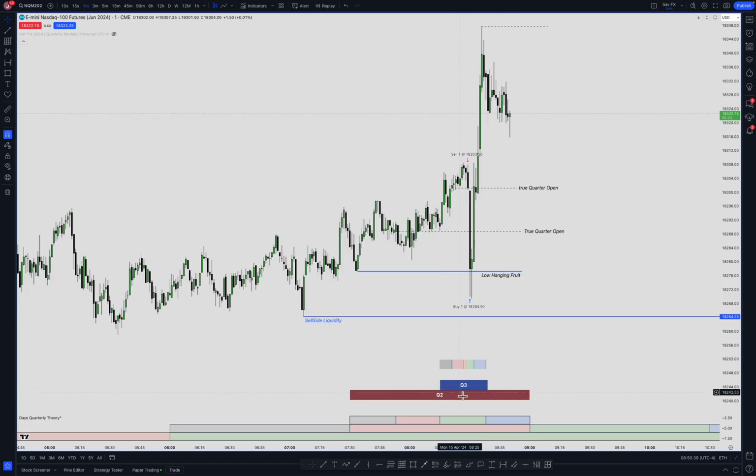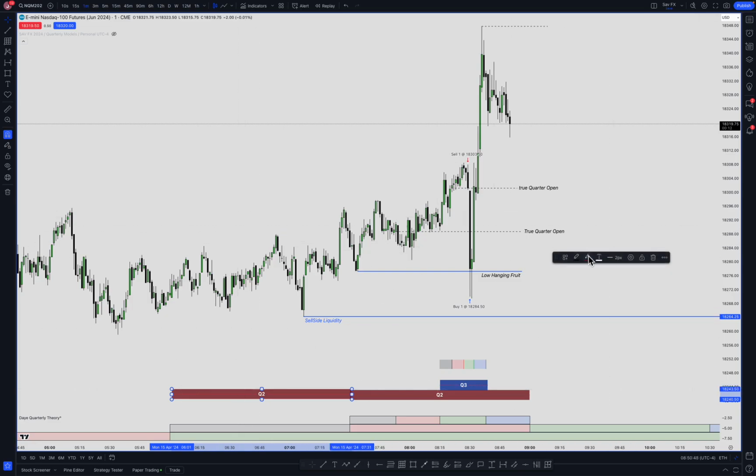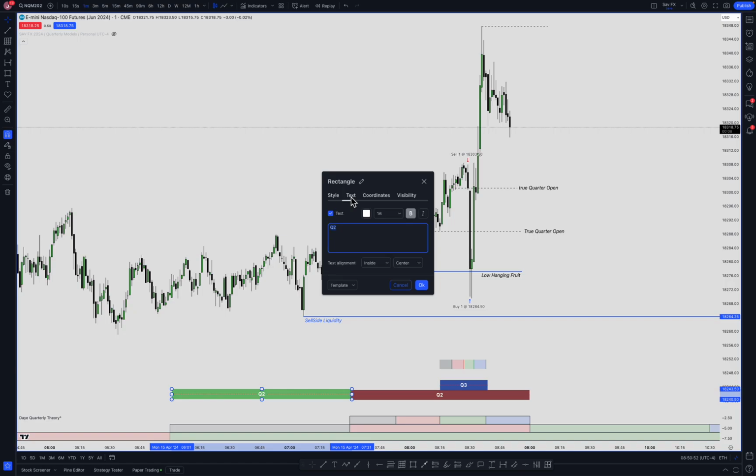This Q2 range is only gonna be reacting based on the previous cycle, which is gonna be specifically this one. This is what I was referring to when I stated that the quarters behave based on previous quarters. Notice I'm on the 1-minute time frame.